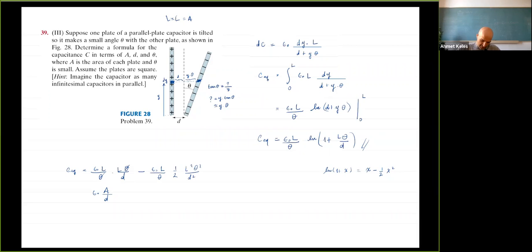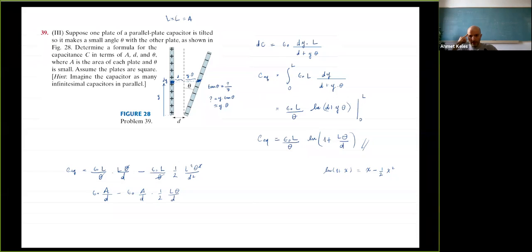So the second thing becomes minus epsilon naught A over d times, let's write everything else that's left, 1/2, this guy will cancel with this guy, L theta over d, something like that.